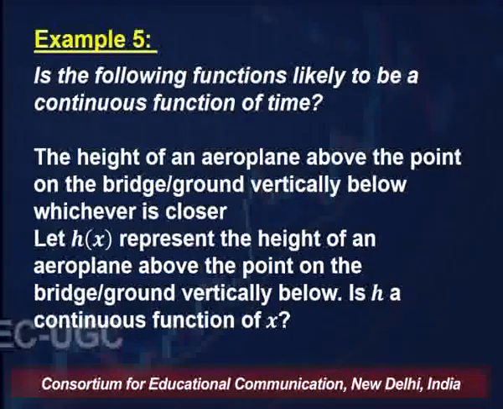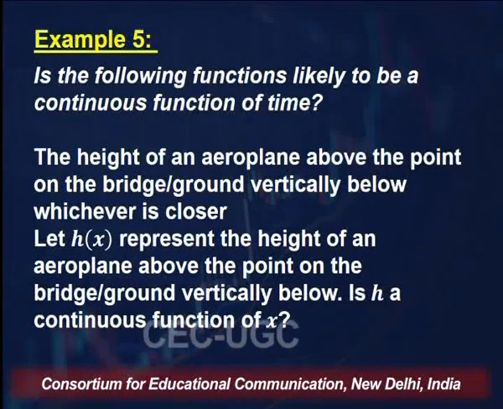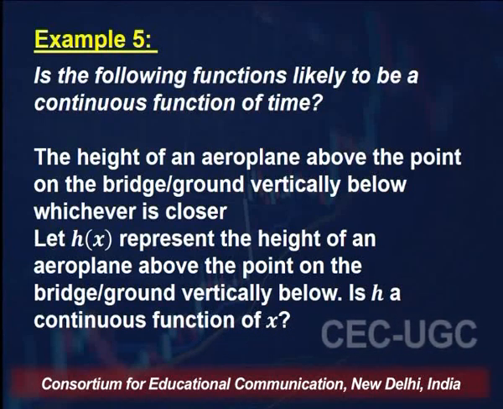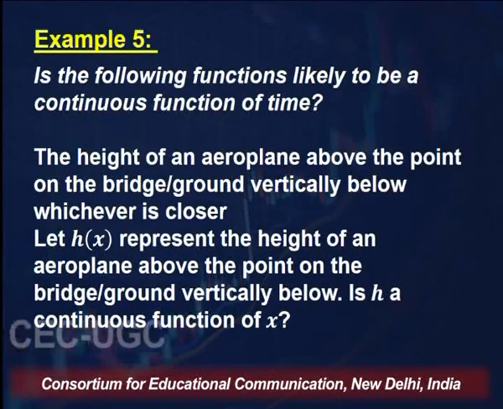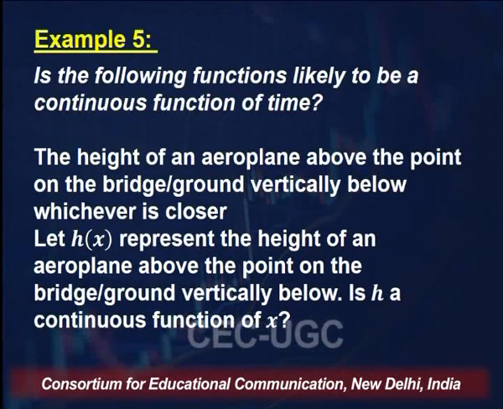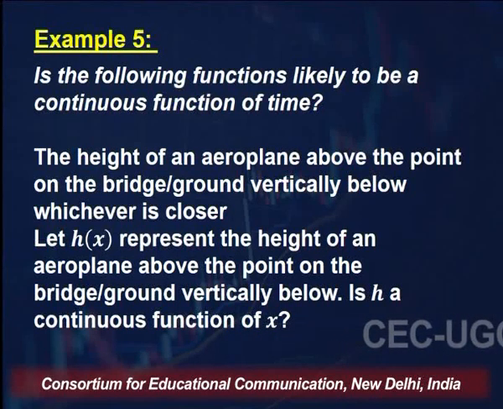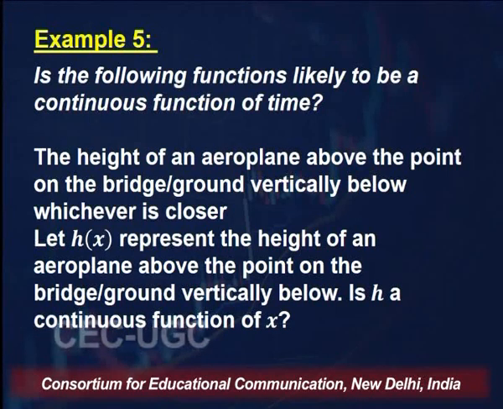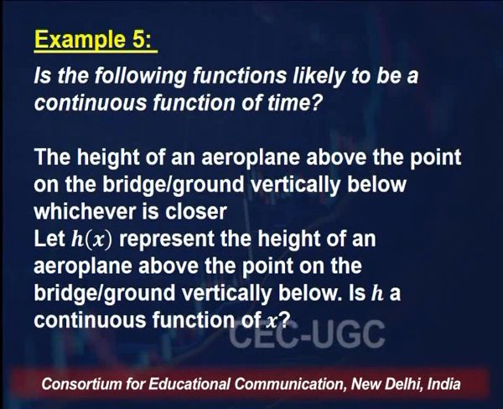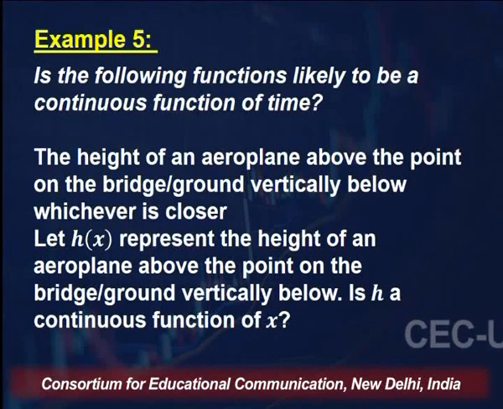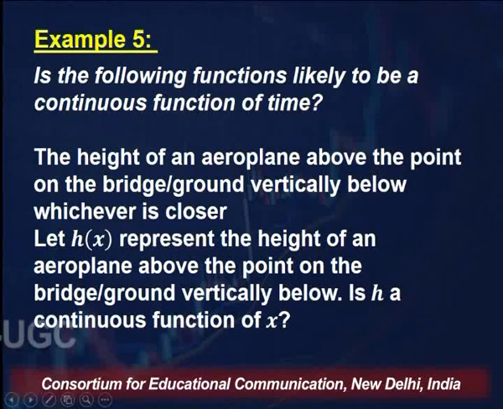So the question asks you, is the height of an aeroplane above the point on the bridge or the ground vertically below going to be a continuous function? The vertical height of the aeroplane from the bridge or the road, whichever is closer, is what the height function is capturing. So what we're asking is, is h a continuous function of x as we proceed horizontally?